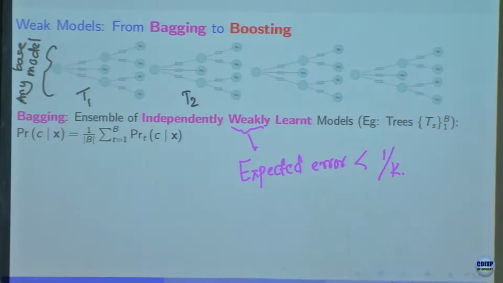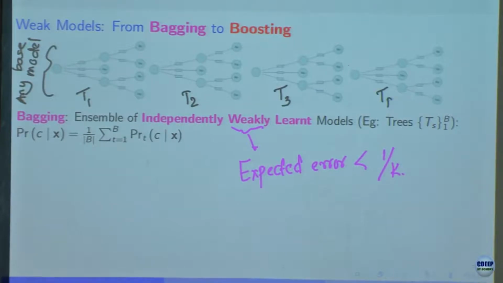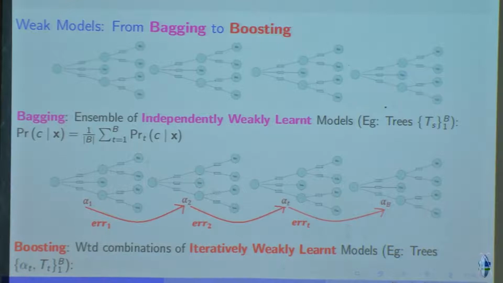I am using for example trees, but I am referring to these as any models. So T1 to TB, these are the models. And in boosting, what you are doing is you are propagating the error to determine your alphas. So the alpha in the case of boosting will come from the error of the previous model. So alpha j will be a function of the error from j minus 1.